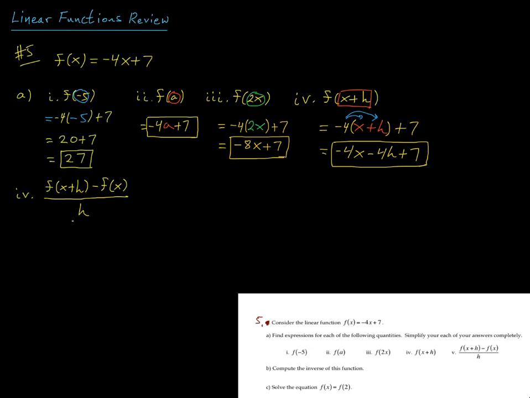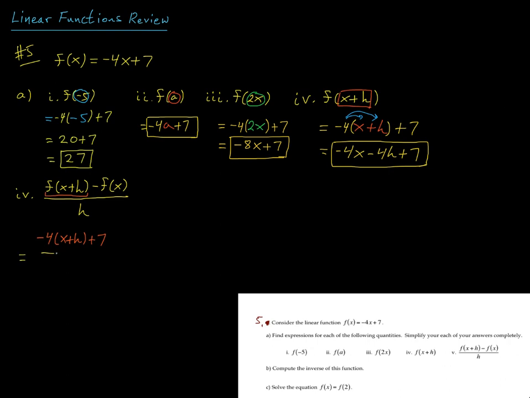And then lastly, for 5, we have f of x plus h minus f of x, and then that's all divided by h. Let's just take this one step at a time. This expression right here, f of x plus h, is what we just computed in 4. So I'm going to write that out as minus 4 times x plus h plus 7.